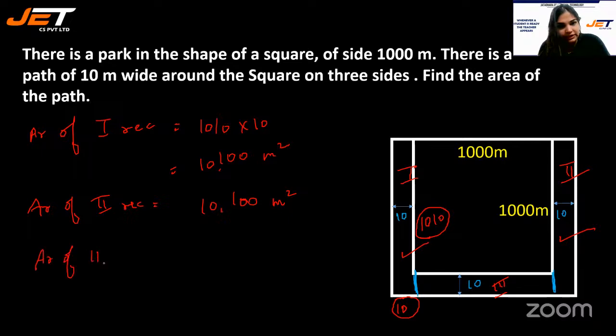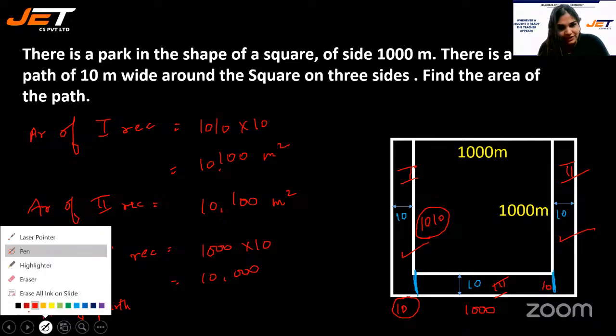Area of the third rectangle, what will it be? This is 1,000, right? This is 1,000 from here to here, and this is 10. So 1,000 times 10, this is 10,000. Okay, now area of path.